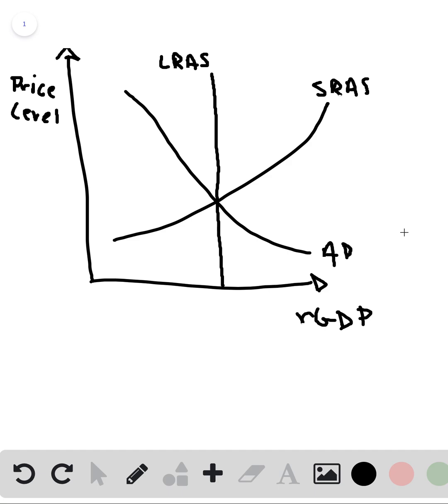So we should right away be thinking we're working with the aggregate demand curve. Then the question continues to say that investments are expected to be slashed. So again, investment, which we just said, is part of aggregate demand. So given those two little hints, we know that we're working with a shift in the aggregate demand curve.